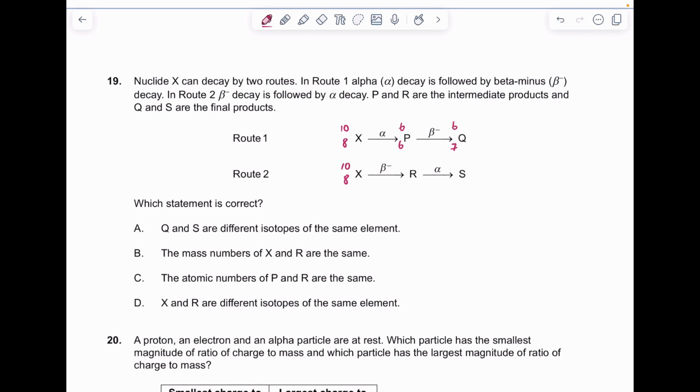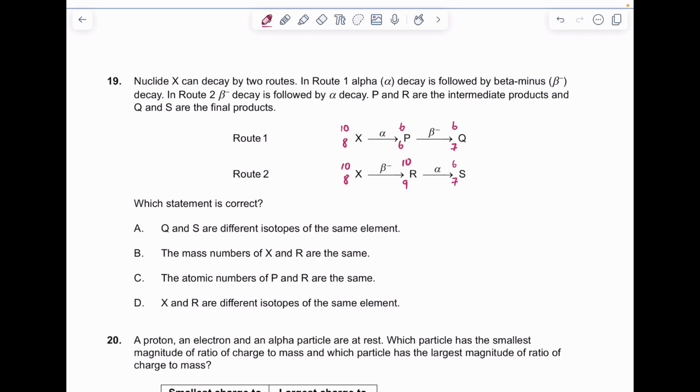Doesn't matter, let's check on the numbers. R is then going to be 9 and 10, and S will then be, slightly weird, 6 and 7. Probably should have given nuclide X 11 nucleons. I know that physically doesn't work, but it's worth it just for checking on the numbers.